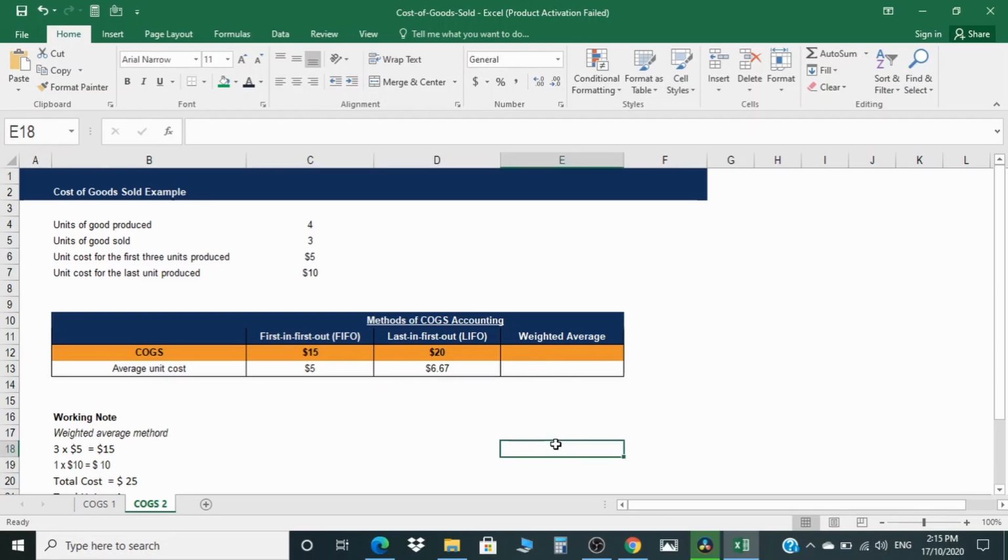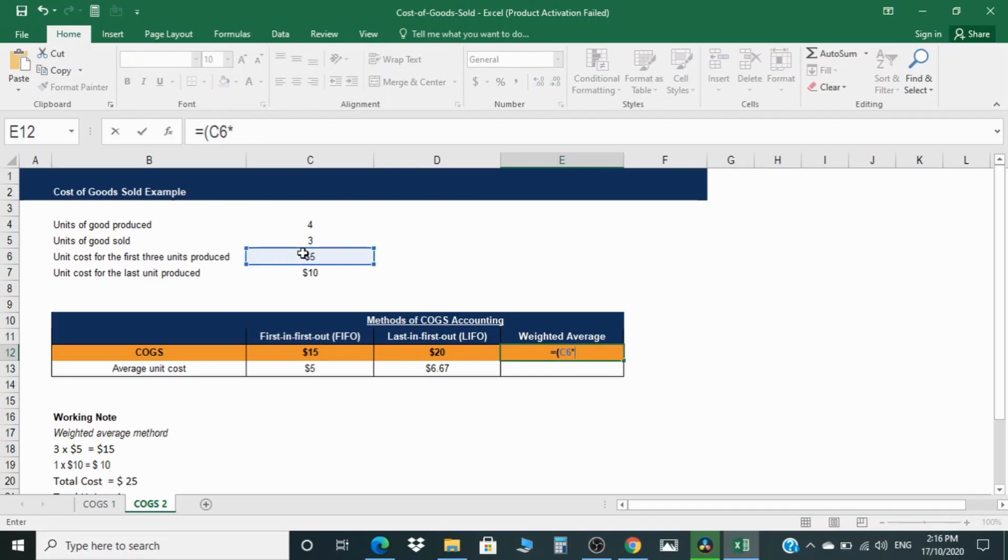Okay, now we go for the last one, the average one. So how do we do the average? Now is the time to calculate the average. This is a bit different, and you have to calculate the combination of both. So just go there and record how much you sell.